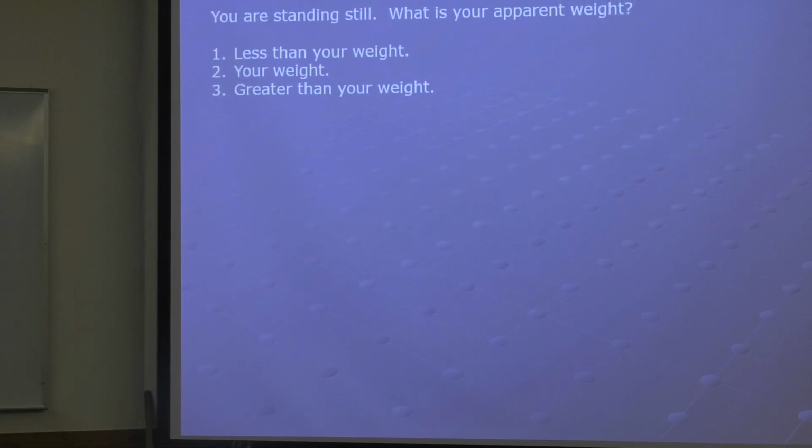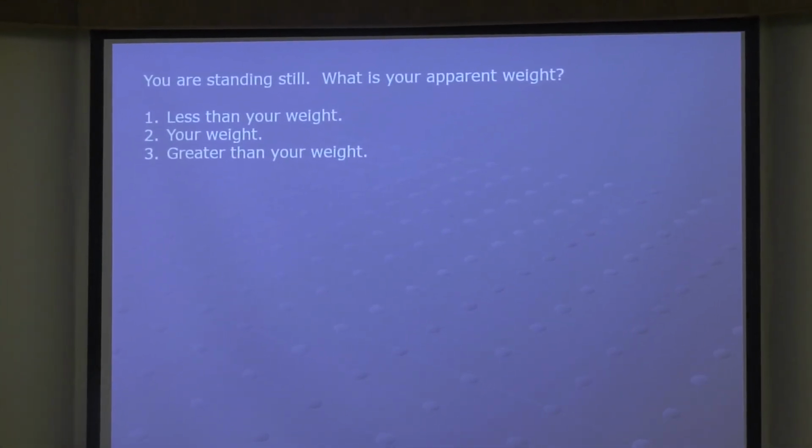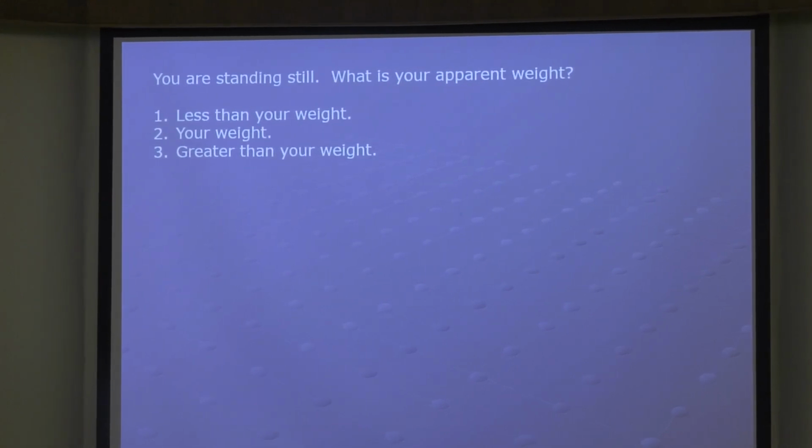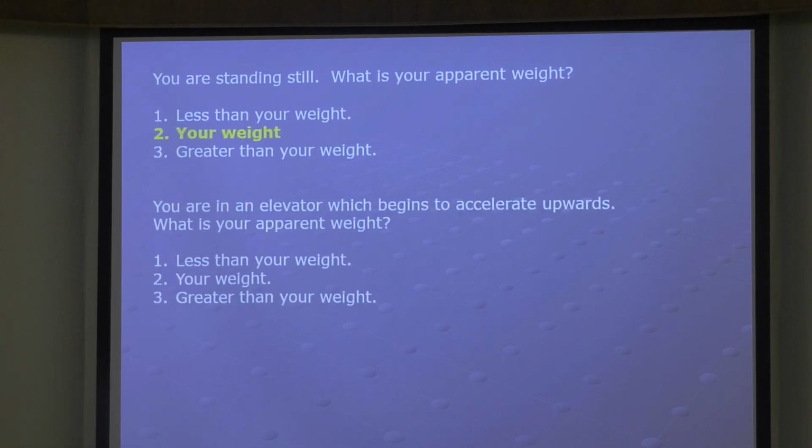So you're standing still. What is your apparent weight? Pause and answer it. This should be obvious, right? If you're standing still, your apparent weight is just your weight. Now, you are in an elevator which begins to accelerate upwards. What's your apparent weight? Pause.